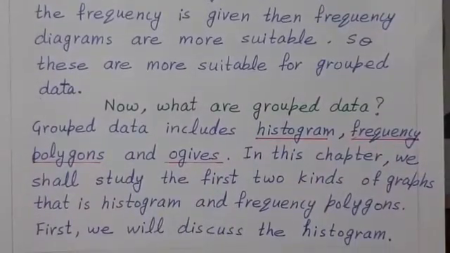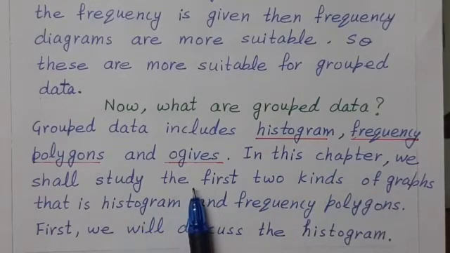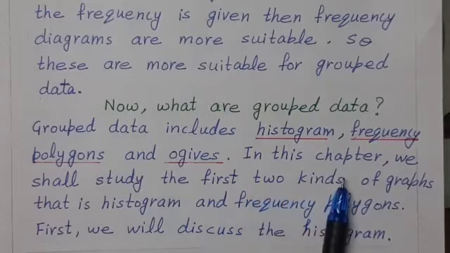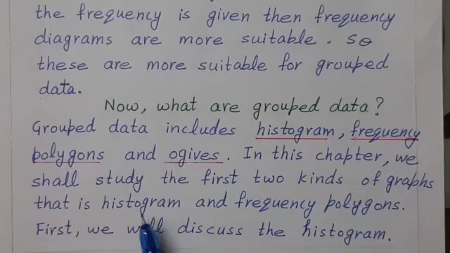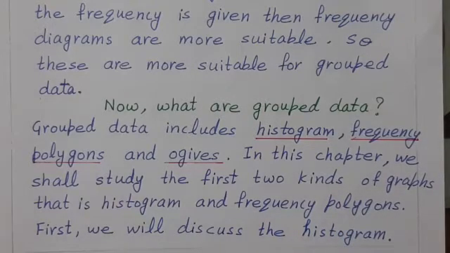Grouped data includes histograms, frequency polygon, and ogives. In this chapter, we shall study the first two kinds of graphs, that is histogram and frequency polygons. So first, we will discuss about histogram.